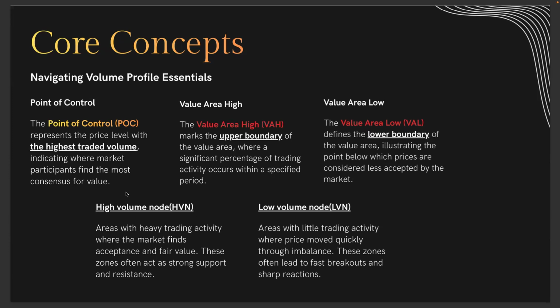High volume nodes are very similar to the point of control, with the exception that point of control has more volume than the regular high volume node. Then we have those value area highs and lows. Those mark the boundaries of the most significant amount of volume that was traded.